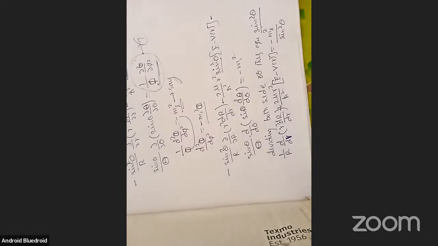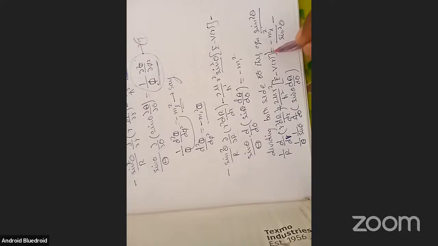Clear? Minus 1 by capital Theta, 1 by sin theta, d by d theta of sin theta d capital Theta by d theta. Okay, so this is the equation here.